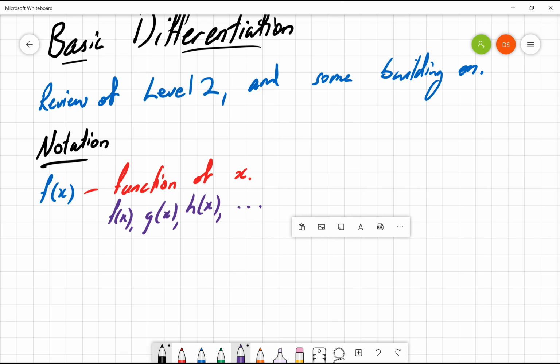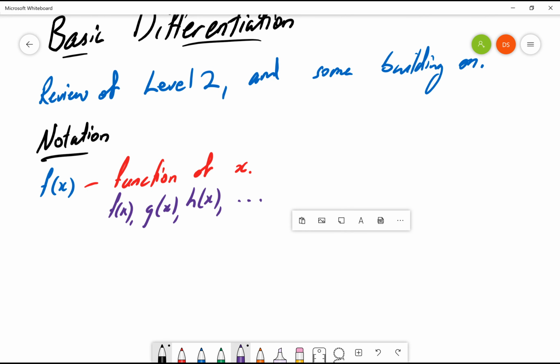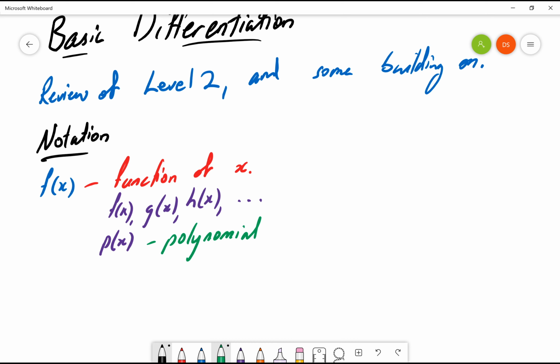So from here on out, I will refer to functions as f of x, g of x, h of x, and so on, depending on what I feel like. Sometimes I might do a specific one, so I might do p of x. p of x in this situation is typically a polynomial of x. So sometimes they're really specific.